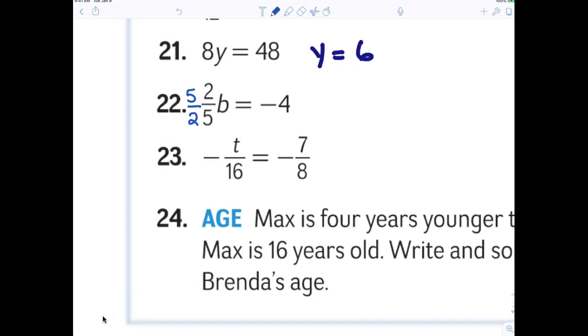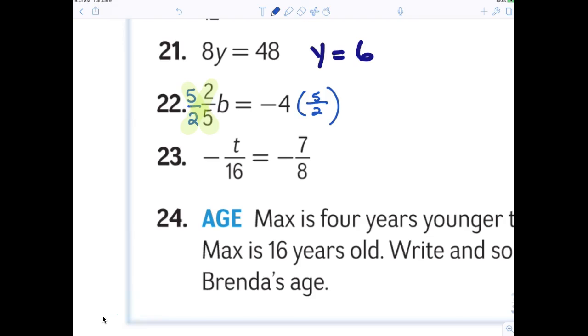We do the reciprocal because what's happening to the 5s? What's happening to the 2s? There you have it. So now I want to put a 5 over 2 next to the negative 4. There's two ways you can do it. You can go negative 4 times 5, which is what?